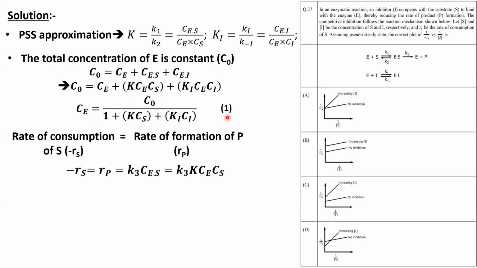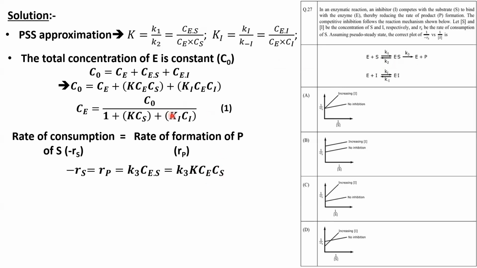From the overall stoichiometry, we can write that the rate of consumption of S, that is minus R_S, will be equal to the rate of formation of P, that is R_P. Now from the given mechanism, we can write R_P as k3 into C_ES. From the equilibrium constant deduced earlier, we can write C_ES as K C_E into C_S.